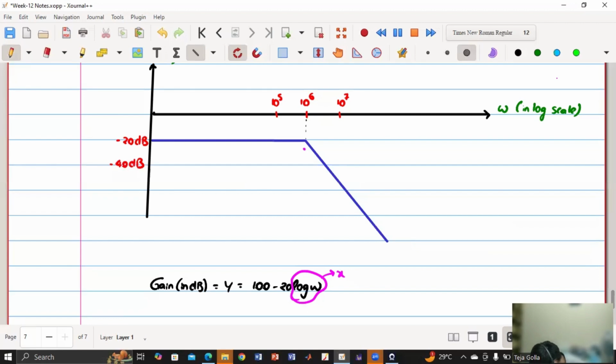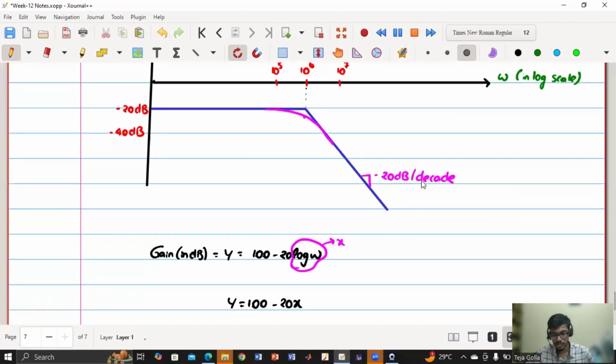So basically, the actual waveform is something like this. Because we have made an approximation, so there is some minus 3 dB error at that 10 to the power 6. And this is falling with a rate of minus 20 dB per decade. Because the slope is minus 20 and the units are dB and omega is in the log scale. So that's why it is minus 20 dB per decade.